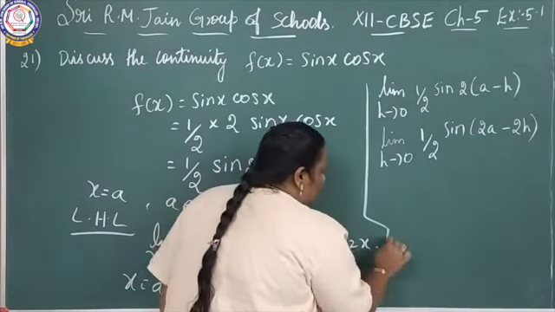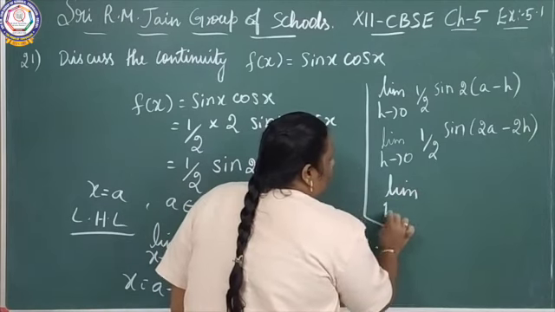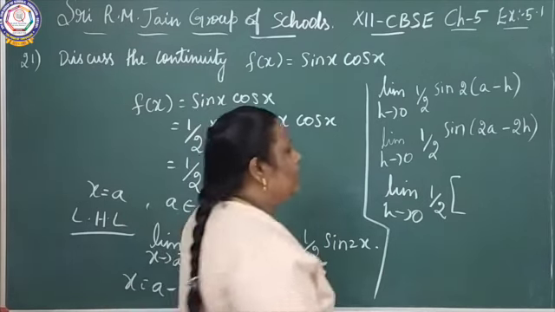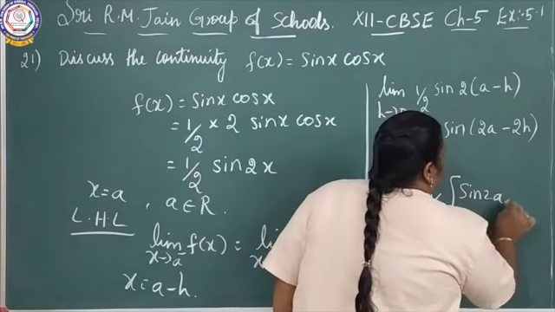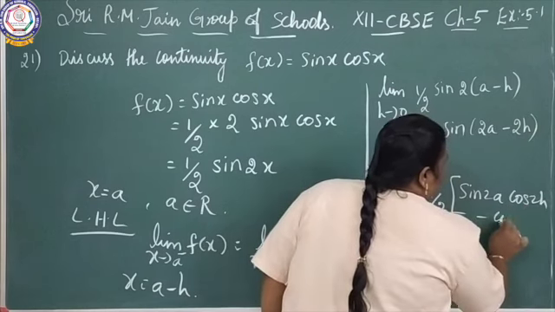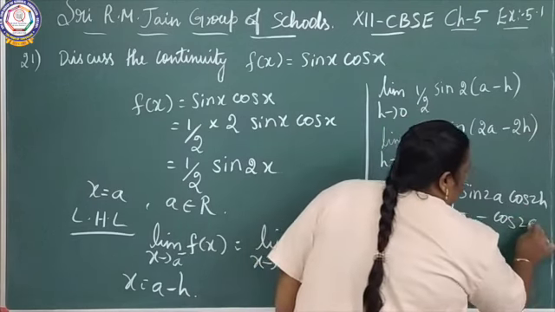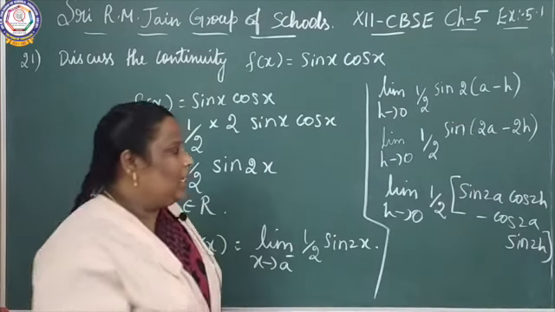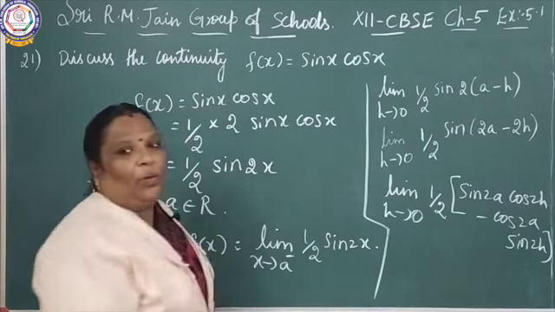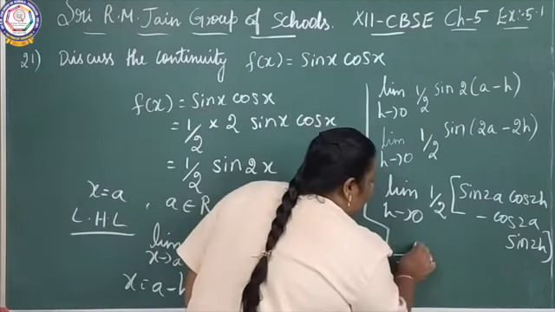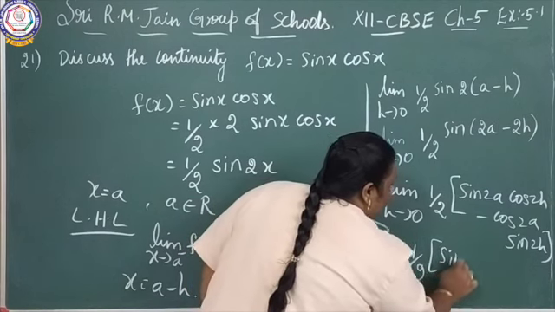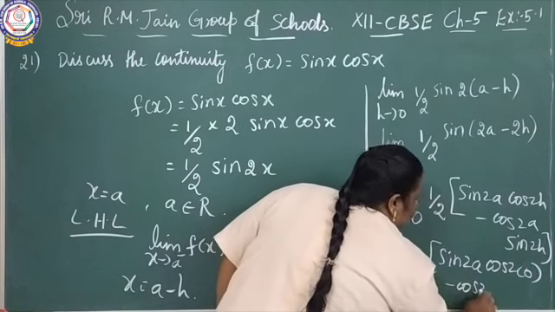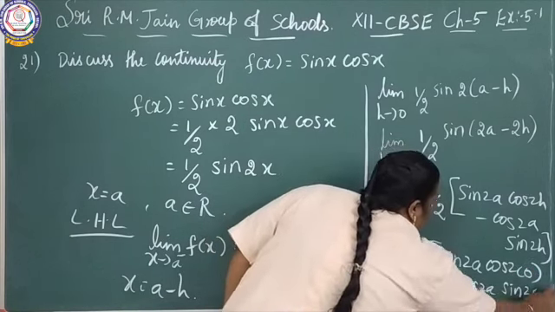See here, limit h tends to 0, 1 by 2 into sin 2a cos 2h minus cos 2a sin 2h. So h value is equal to 0. You substitute the value of h equal to 0: 1 by 2 into sin 2a cos 0 minus cos 2a sin 0.